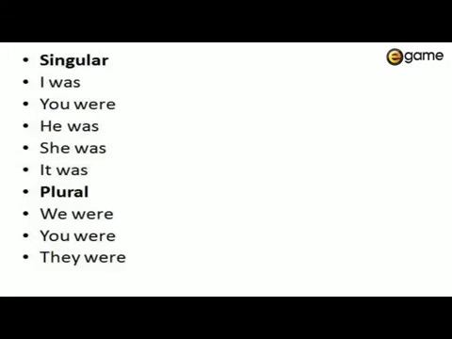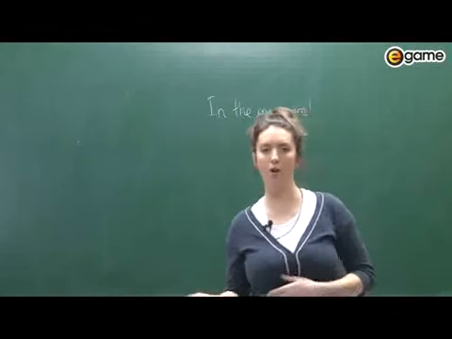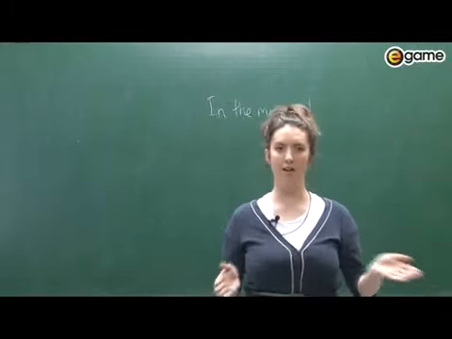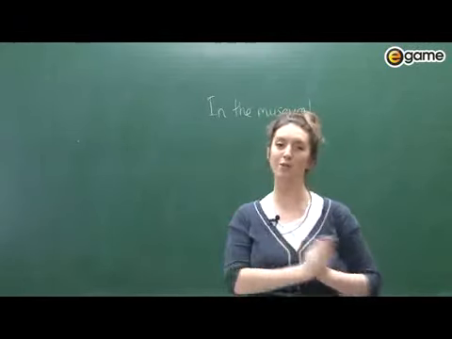Except for you. With you, we use were. You were. Plural, we were, you were, they were. All were. So, easier to think for singular was, for plural were, and just remember the exception. For singular you, we still use were.